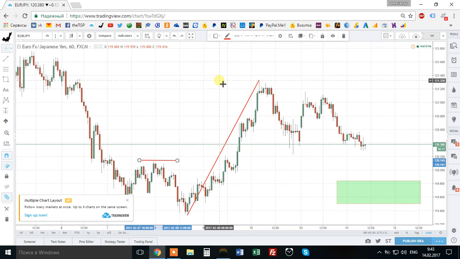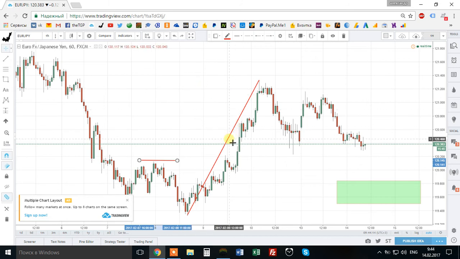So of course we see it containing more green candles than red candles. Okay, so these are the three features of the valid XA leg. It should be an impulse leg, should not have a very deep retracement incorporated, and it should violate some structure.